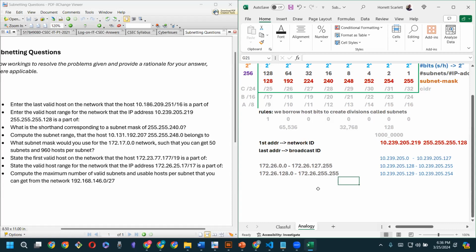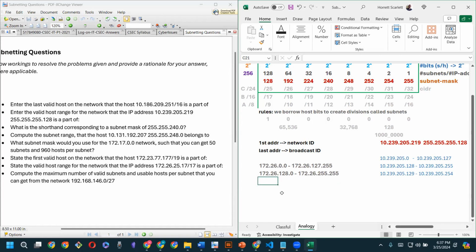Because you should be able to see that 172.26.25 is less than 172.26.127. It's less than that, so it must fall into that first subnet. And now we are being asked about the valid host range.